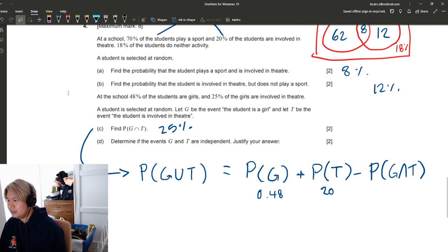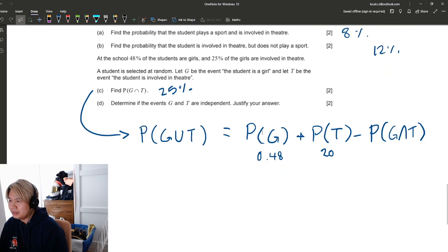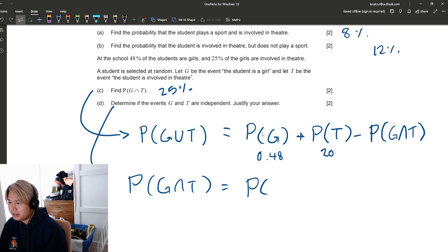But anyways, determine if the events G and T are independent, justify your answer. So independence means that when you do have an intersection, this probability, which you find in part C, if they are independent, means that if you take the individual probabilities of being, I guess in this case, a girl and being in theater, they need to be equal.